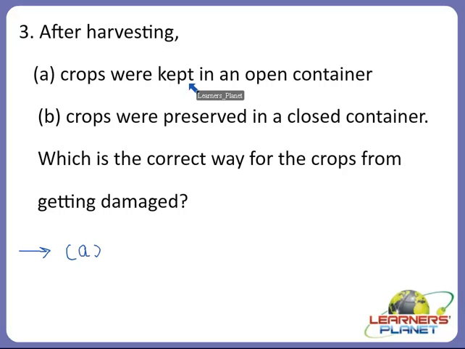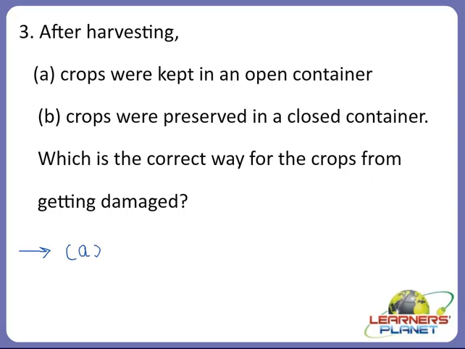Here we are talking about after harvesting. So if we keep them in an open container, they will be attacked by rodents, birds or insects. Right? So the crops will get damaged.